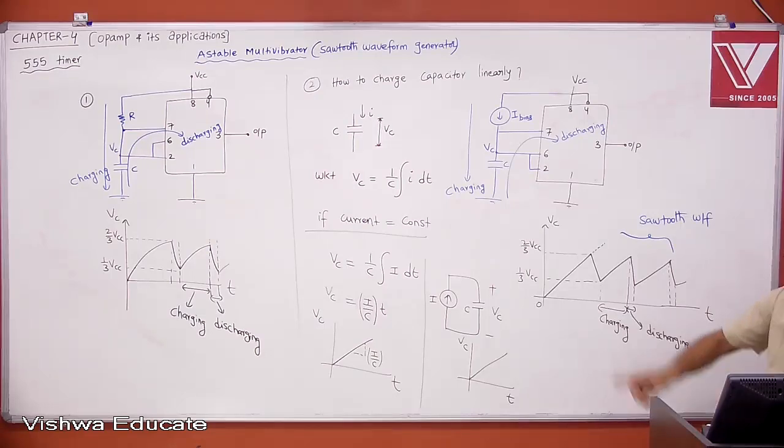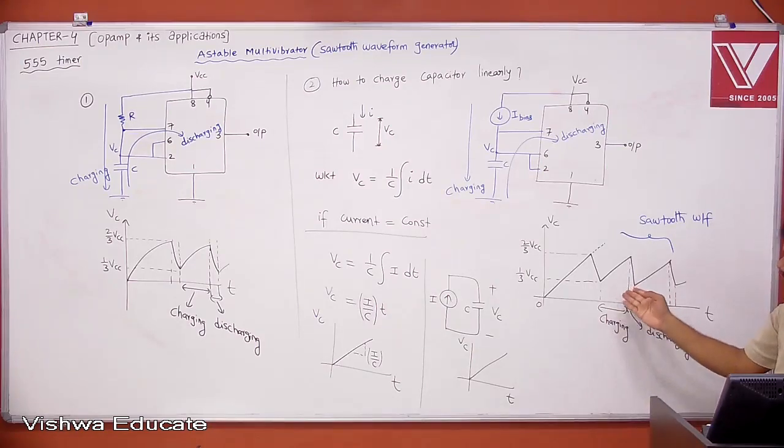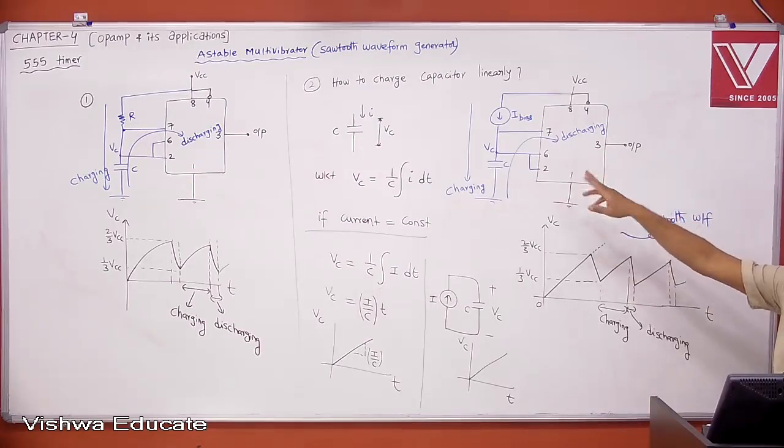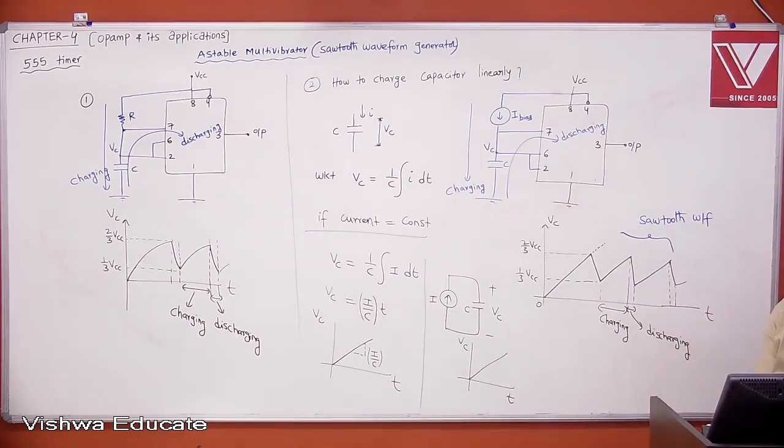Tell me, once you get square wave, can't you get triangular wave? Yes, we can get triangular wave, right? Here only we can get triangular wave. You have to add an opposite current source, so that it is discharging, then charging, discharging, charging, discharging. You will get triangular wave also from this.